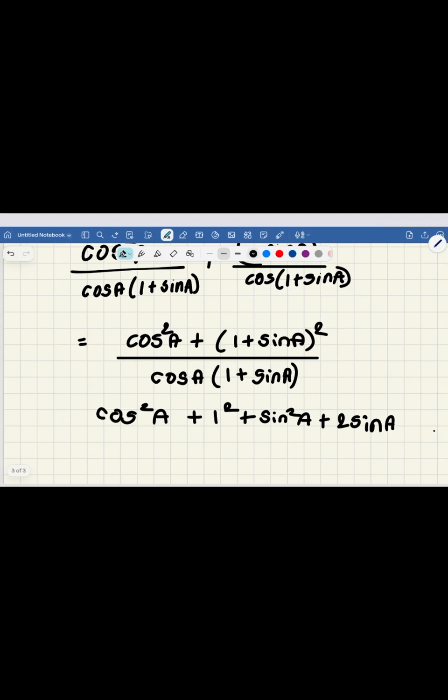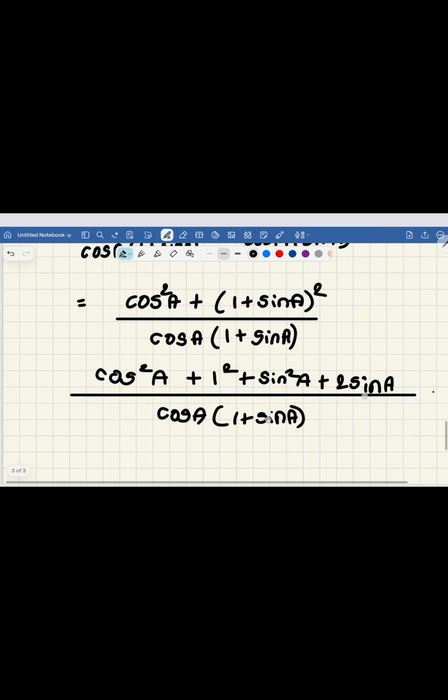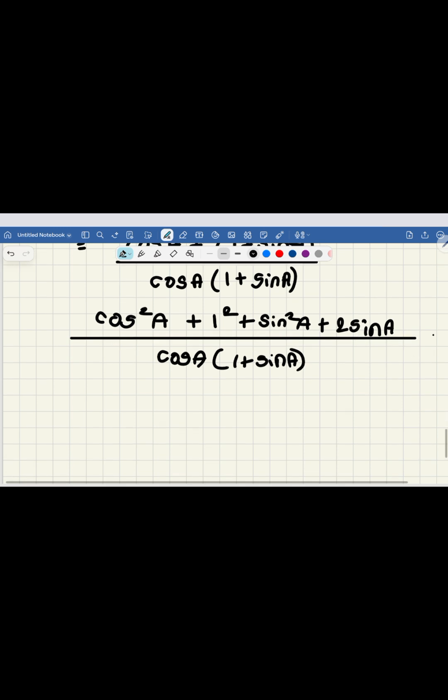We often tend to forget everything when we are solving trigonometric questions, right? But yeah, and then here comes the most interesting part.